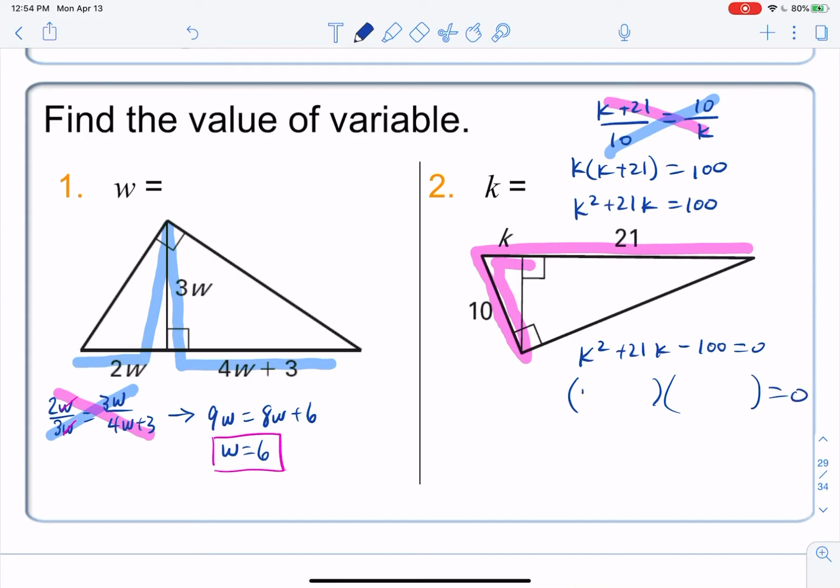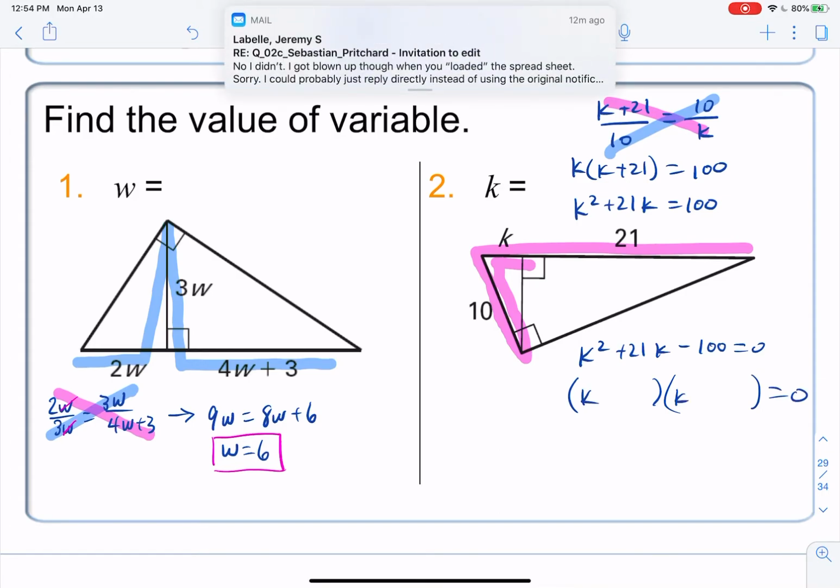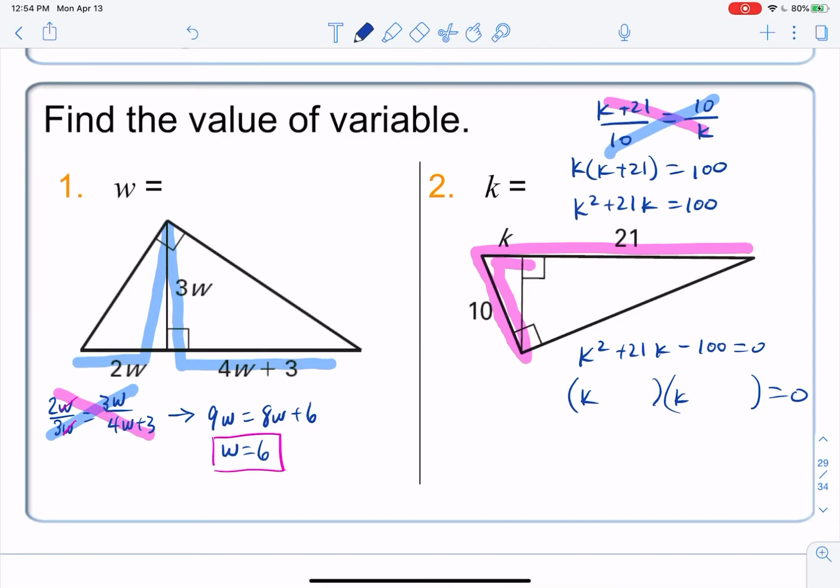Okay, so I have a k times k to get k squared. And then this spot times this spot is supposed to multiply up to negative 100. Ignore the negative sign for right now. The factors we're looking for are also supposed to add up to this 21 in the middle. So what times what gives us 100 and then adds up to 21?